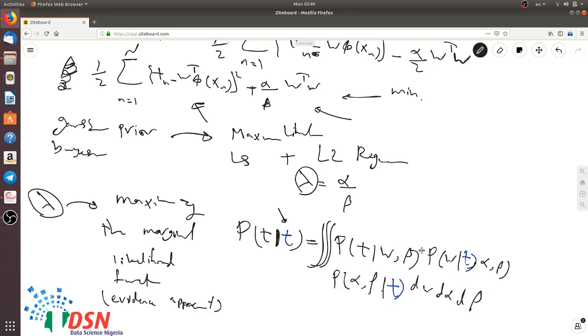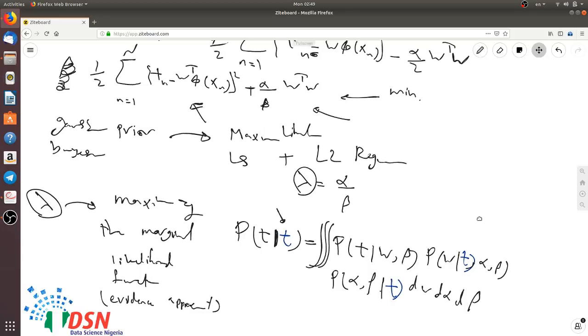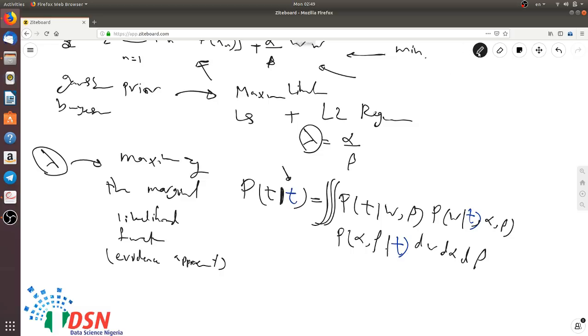And this is the way that we predict values from the Bayesian model.